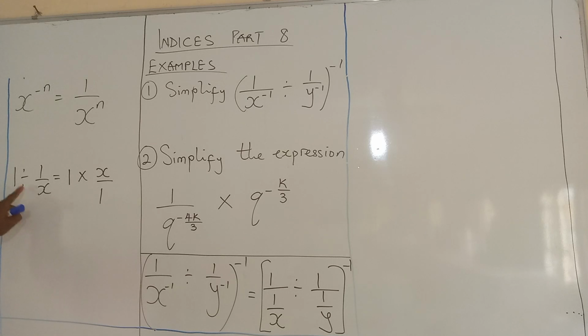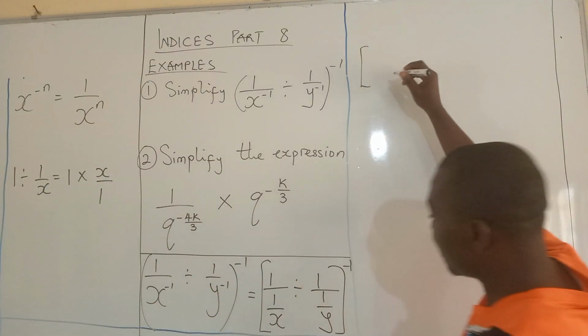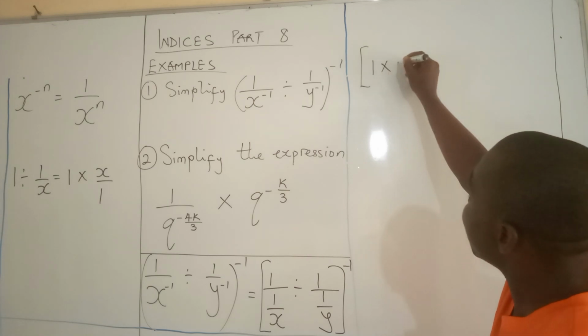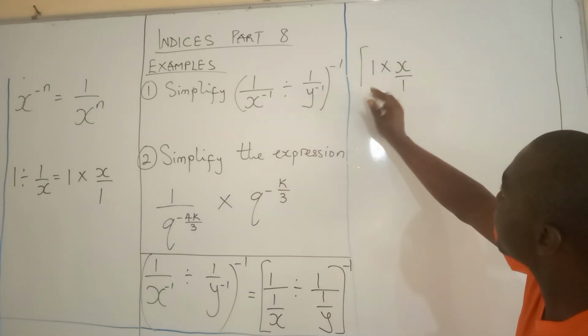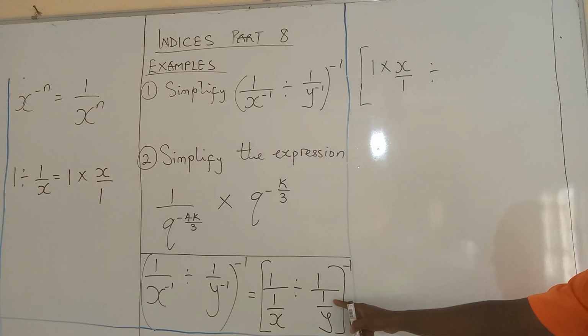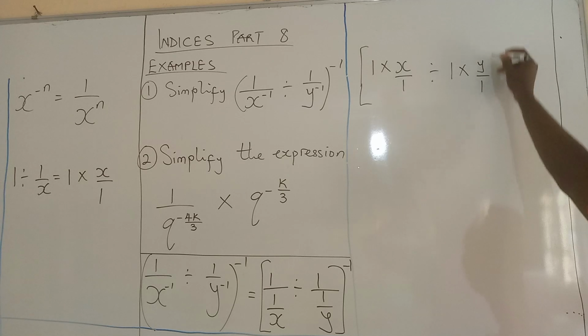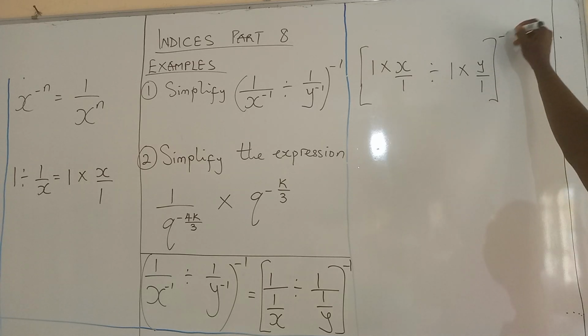If I change this division sign to multiplication, what is down will go up and what is up will come down. And so that will give me 1 times x over 1. So it means that this can be written as 1 times x over 1 divided by the same thing with this other one, 1 times y over 1, everything raised to power minus 1.